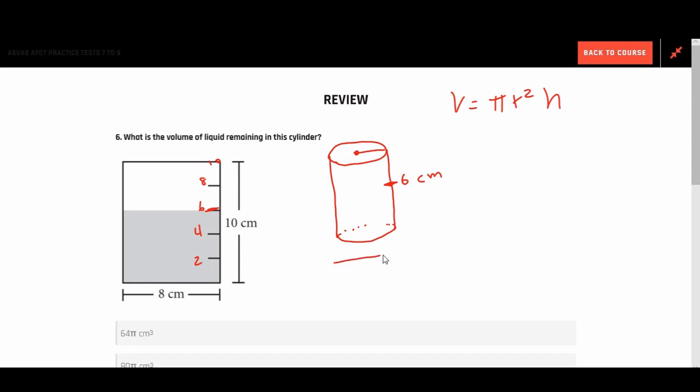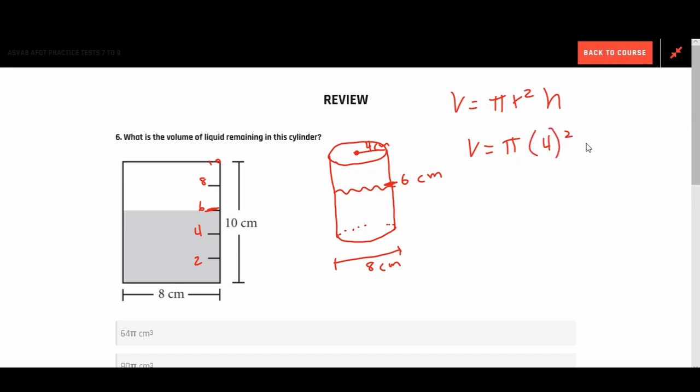And since this diameter is 8 centimeters and we only want the radius, the radius is always half the diameter. So this radius is going to be 4 centimeters. Now we have everything we need to solve for this one. So it's going to be volume equals pi. Radius is 4, so that's going to be 16. I skipped ahead. Let me not do that.